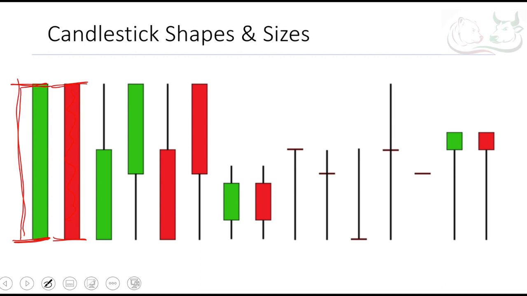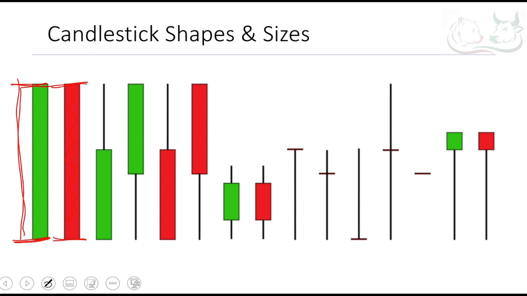So you can easily say in the green one that your open price was the low price as well, and the close price was your high price. So low is equal to open and high is equal to close. On the other side, the big red candle is where your open is equal to high and close is your low.